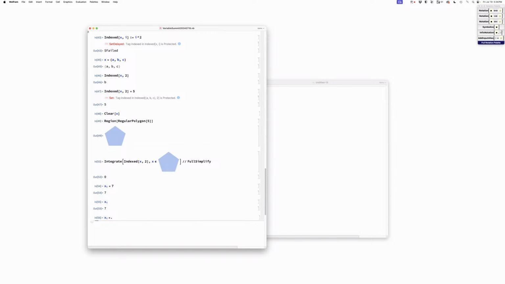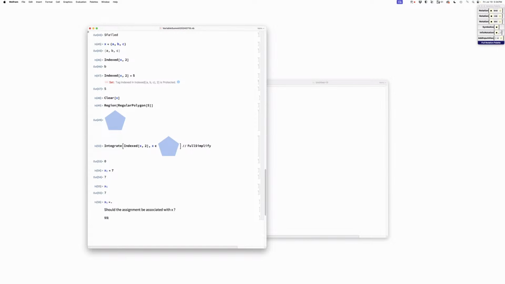So I might expect assigning to Indexed to be reflected back in the original. I guess that's more difficult though, because Part doesn't allow symbolic, as long as it's Indexed of x where x is a list as opposed to Indexed of a list.